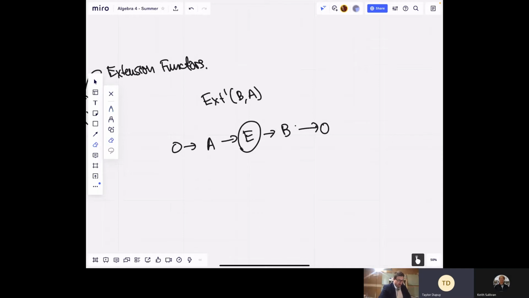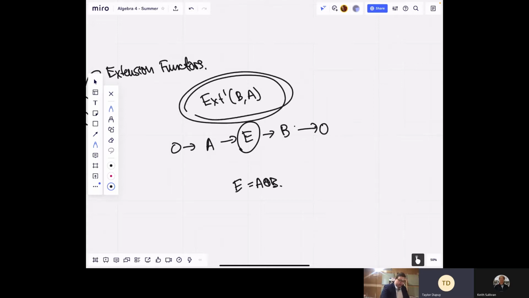Not every exact sequence is split, right? So how many ways are there to make non-split exact sequences out of A and B? A split exact sequence would mean that E looks like A direct sum B. There are other exact sequences where the two factors on the ends are still B and A, and this group is all the isomorphism classes of those.